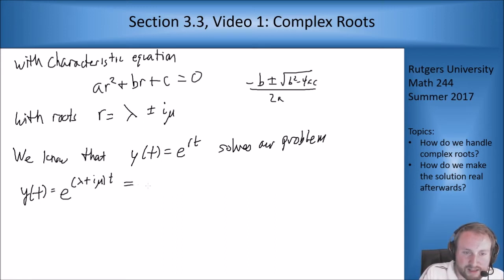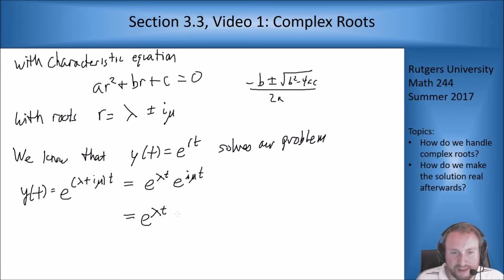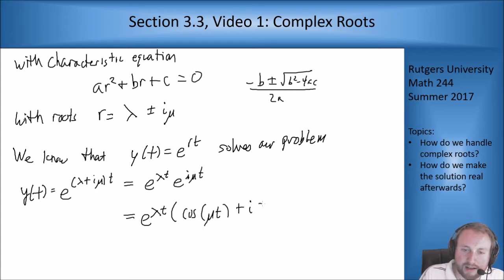So this is the same as e to the lambda t, e to the i mu t. Now this first part is just real, that's totally fine, so I'm going to leave that as e to the lambda t. And for the second part, I'm going to use Euler's formula and write that out in terms of sine and cosine. So it's cosine of mu t plus i sine of mu t.